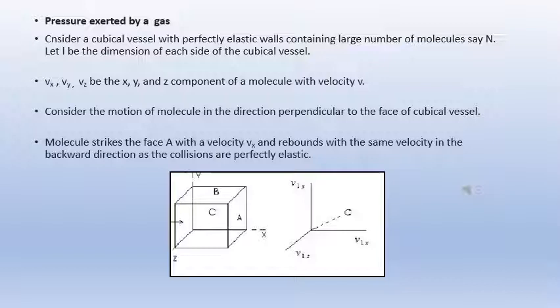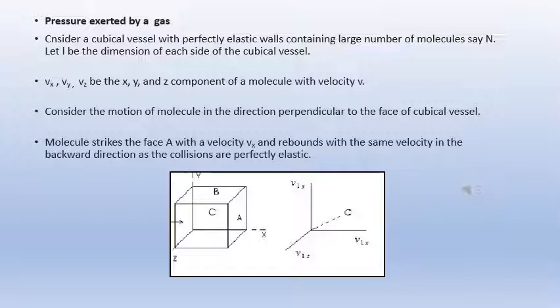If n is the total number of molecules and small m is the mass of each molecule, we are considering a molecule moving with velocity Vx, Vy, Vz, and it hits the planar wall perpendicular to the x-axis as shown by A. Let the area of this wall also be A.